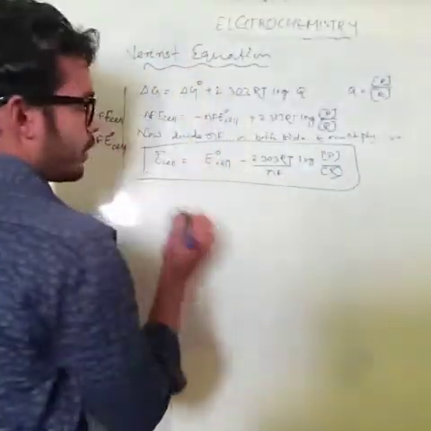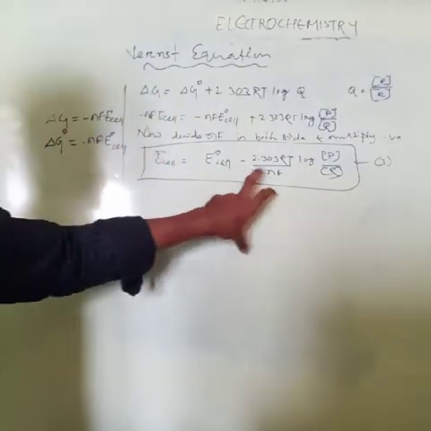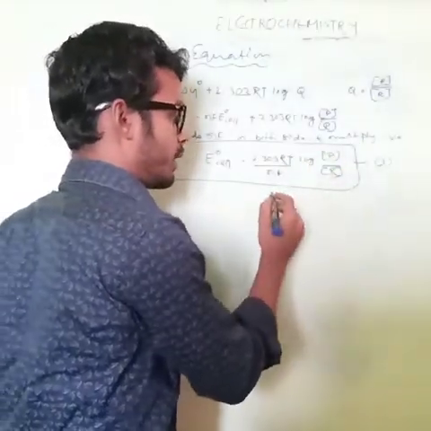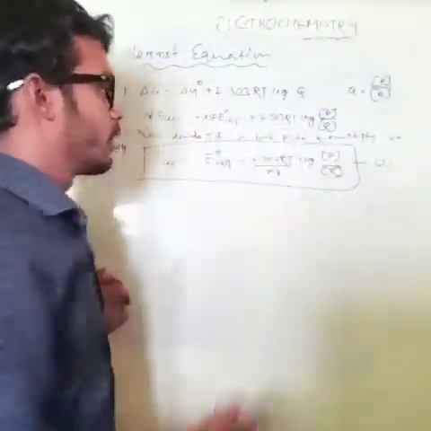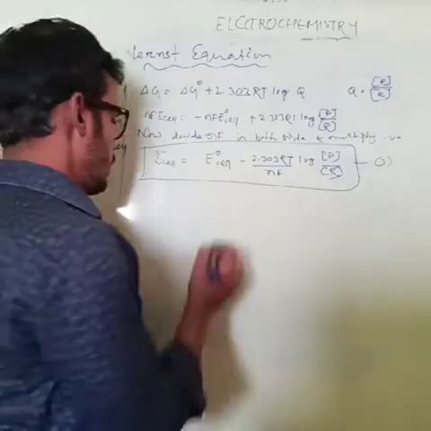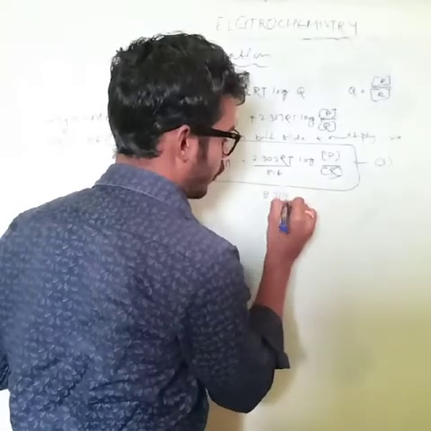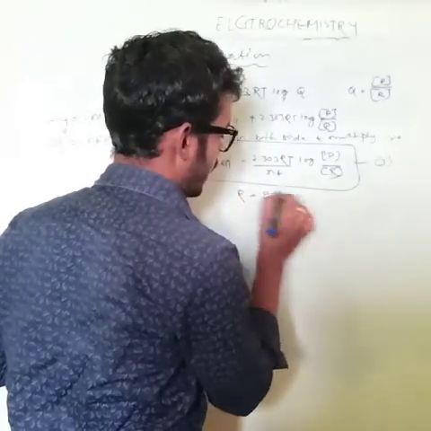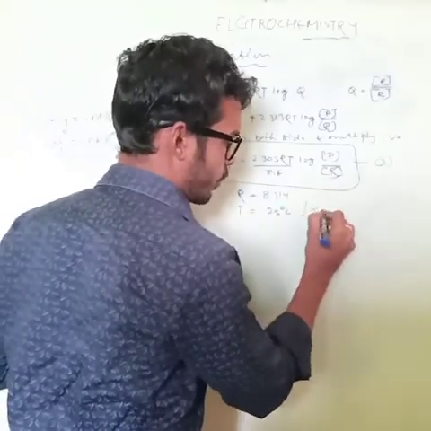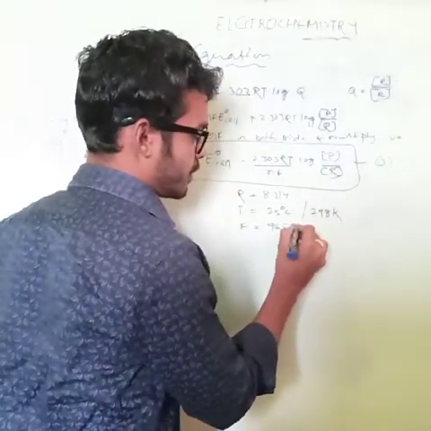This is what you call equation 3, the Nernst equation. If temperature is given, R value you know is 8.314, n is the number of electrons, and F is the Faraday. So here 2.303 is a constant value, R is 8.314 joule per mole Kelvin, and T is the temperature, if that is given as 25 degrees centigrade or 298 Kelvin, and Faraday we know is 96500 coulomb.